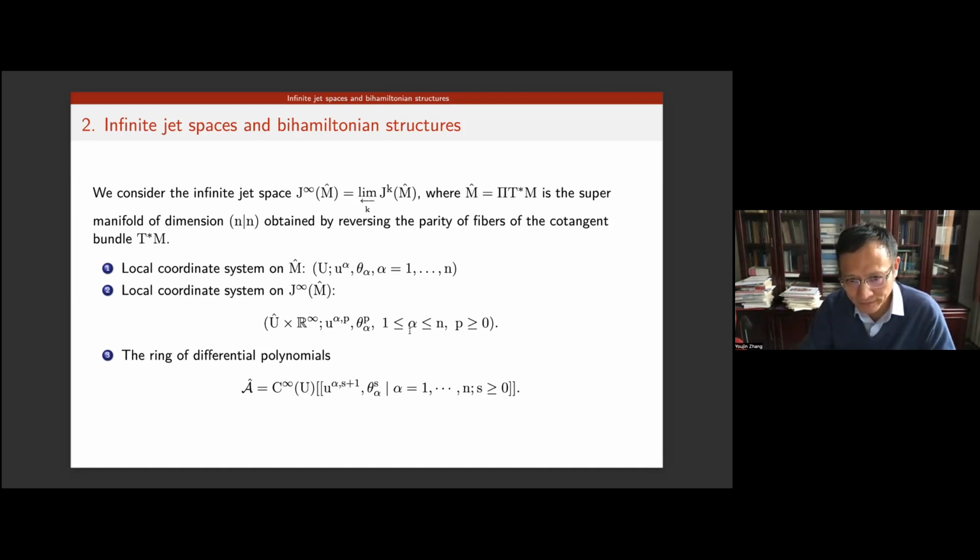Then we have the differential polynomials, with coefficients depending on the coordinates u1 to un and these jet coordinates, which can be represented as a completion, the space of differential polynomials.